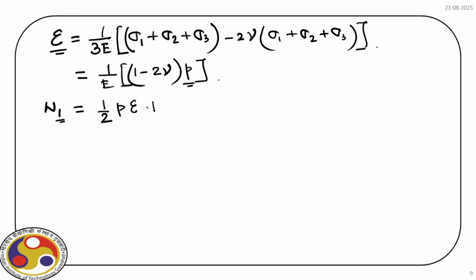We have 3 such applied stresses along 3 orthogonal directions. So the total expression will be this one. Effectively, this is 3 by 2 P times epsilon. And this is obviously per unit volume, right?